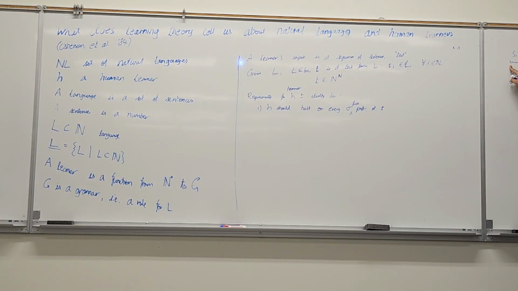So if I write a function, f of S2 equals G2, this can't work, because actually it needs to be f of S1 and S2 equals G2. This is the guess that the learner produces after seeing both of these sentences. Oh, I see. Okay.